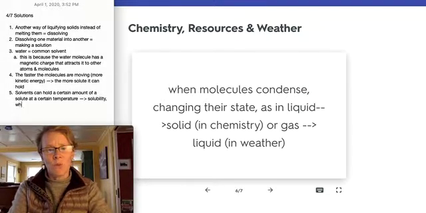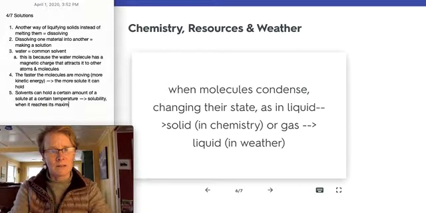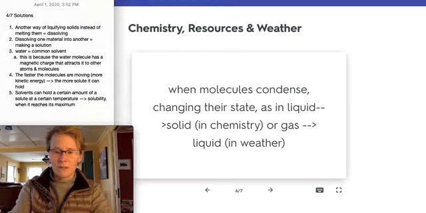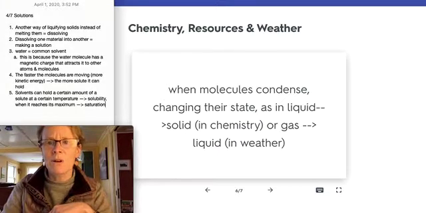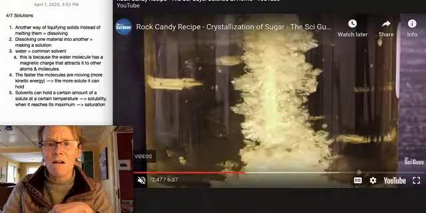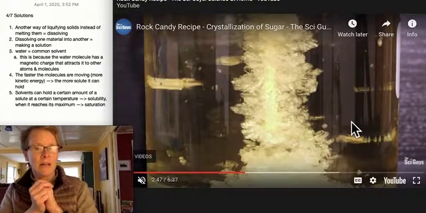And when it reaches its maximum, that is called saturation. Saturation is going to become really important during the making of rock candy.